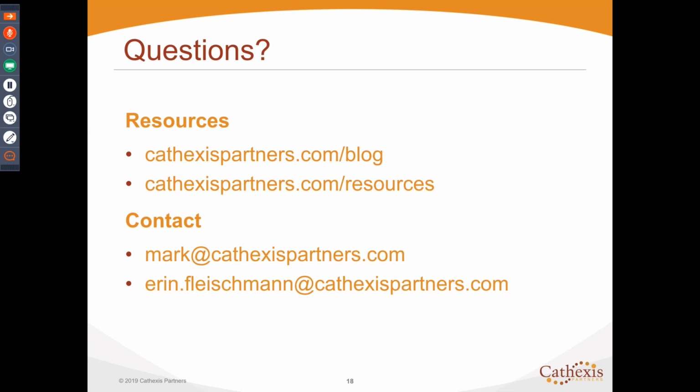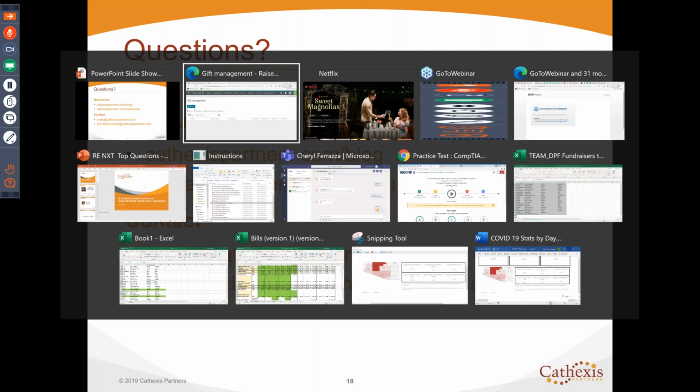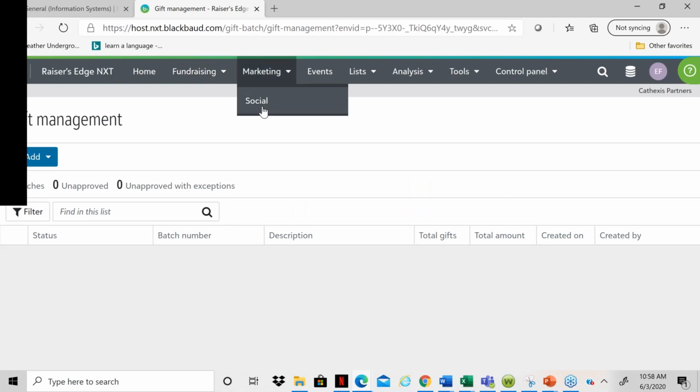One last thing, I know there was a question about sending e-newsletters and e-appeals from NXT. I have not used Constant Contact, so I don't know how it compares. Unfortunately, under marketing we only have social, which is for posting to social media like Facebook and Twitter.